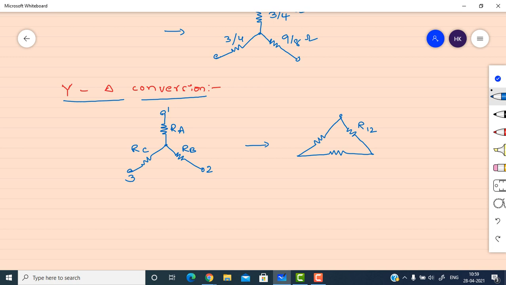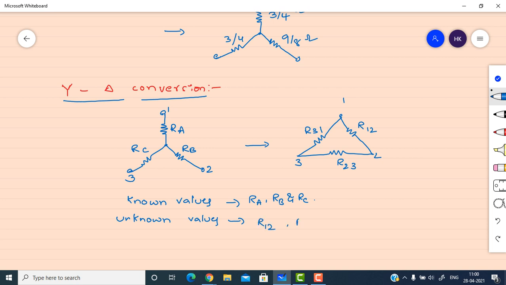This is R12, R23, and this is R31. So in this, what are the known values? Yes, RA, RB, RC are the known values. Unknown values are the delta values. So we need to find the equations for the delta resistors in terms of those star values. R12, R23 and R31 are the unknowns. We are going to derive the equations for R12, R23 and R31 now.